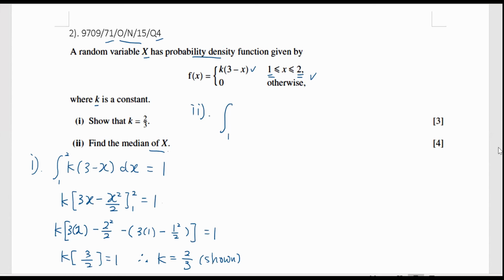So I'm going to take the lower limit 1 until the median, using capital M to represent it, and k is a constant, so I can put it aside and integrate the function with respect to x, and it must equal half. That is how we start calculating to find the median. With the k value shown in part 1, just put 2 over 3, and we integrate this.